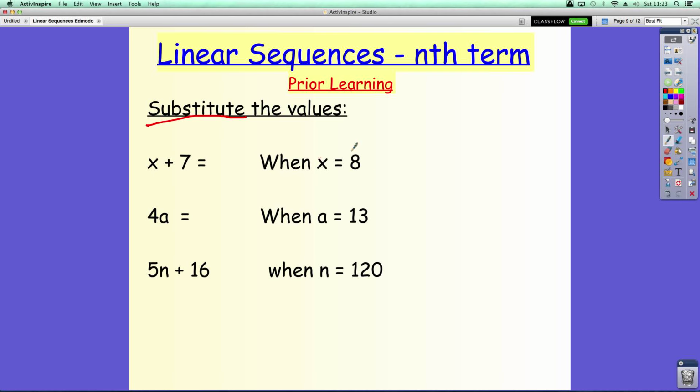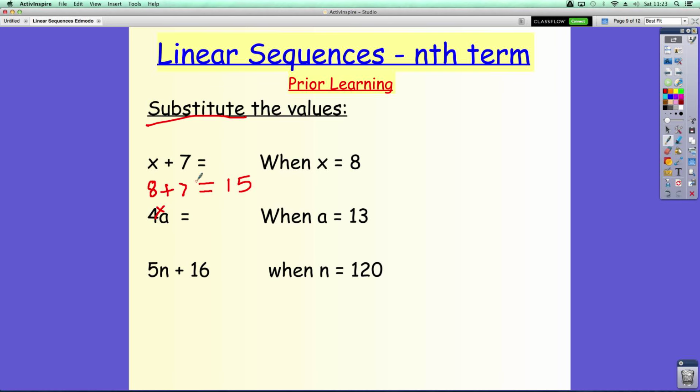So when x is equal to 8, wherever I see x can now become 8 because I'm substituting it, and then the rest stays the same, so it now becomes 8 plus 7, which is 15. Equally, 4a: convention tells us that 4a actually means 4 multiplied by a.